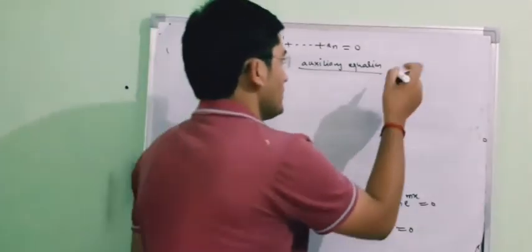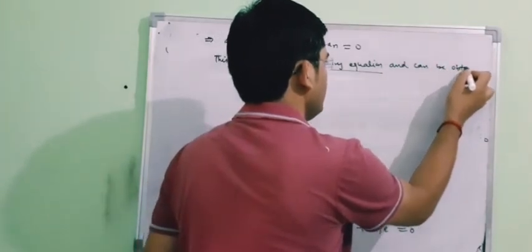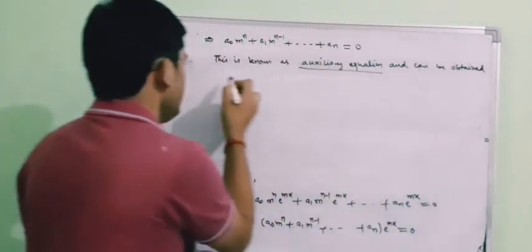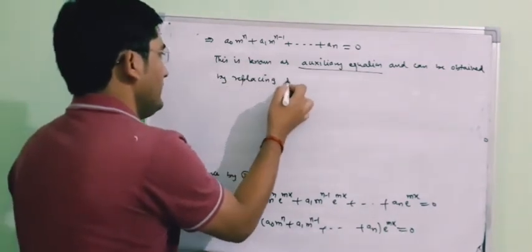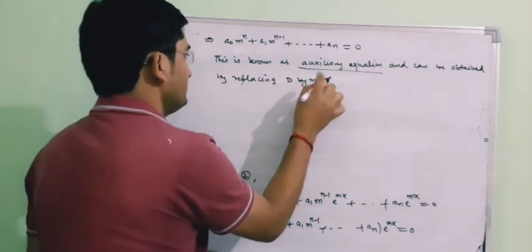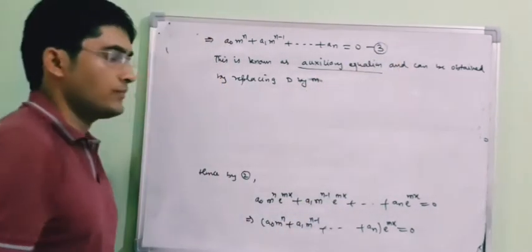This is known as the auxiliary equation, and it can be obtained by replacing D by small m.